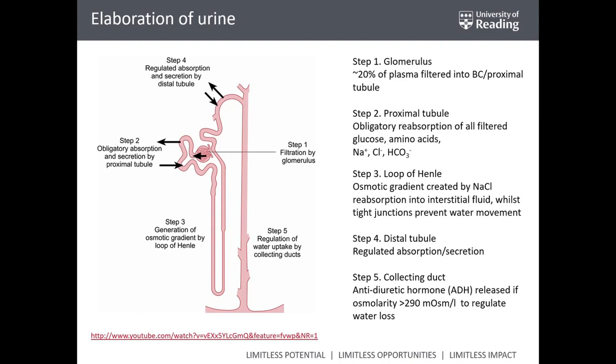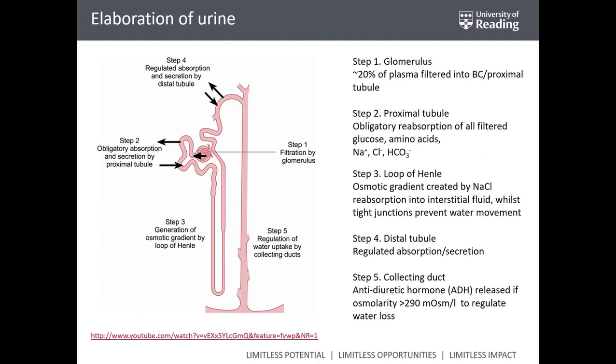Almost finally, in the distal convoluted tubule, we have regulated absorption and secretion of various ions and compounds. And then finally, in the collecting duct, we do have the final regulation of the concentration of the urine by the antidiuretic hormone.